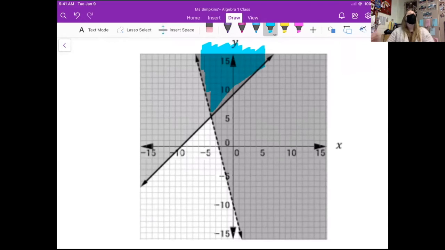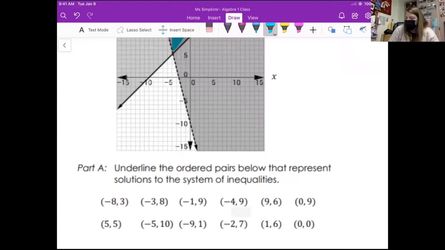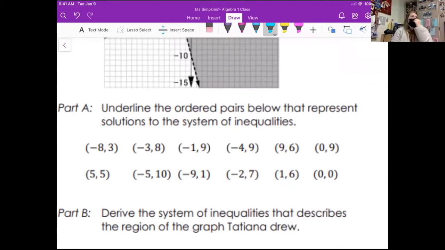All the points in that area, and if I were to zoom out as far as possible, that area would get bigger and bigger. So we want to see, of these 12 coordinates, which ones are inside that shaded area.